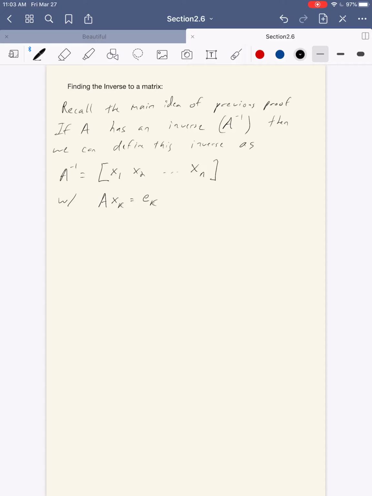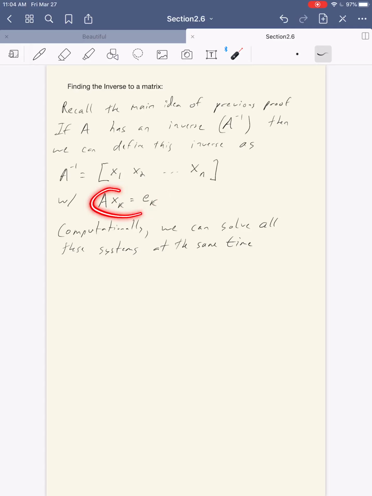So what this means computationally is we can solve all these systems simultaneously. So instead of having to go through manually and do, okay, A times x1 equals e1 and then A x2 equals e2, and doing that over and over again, we can do them all at the same time.